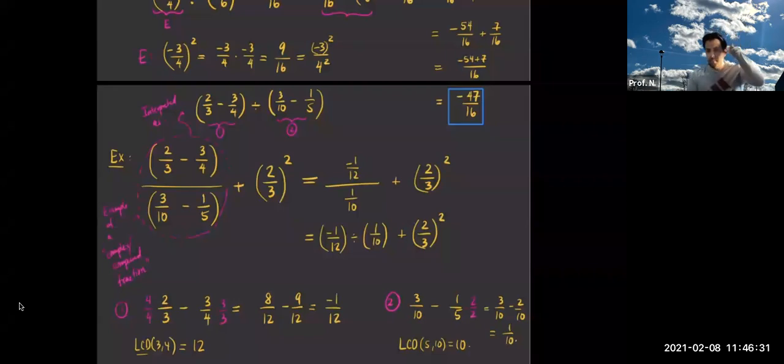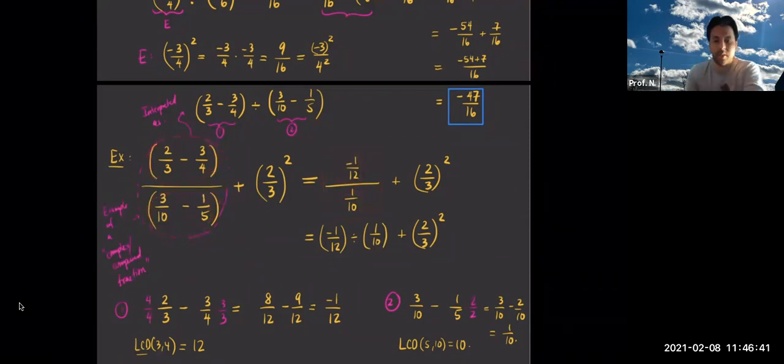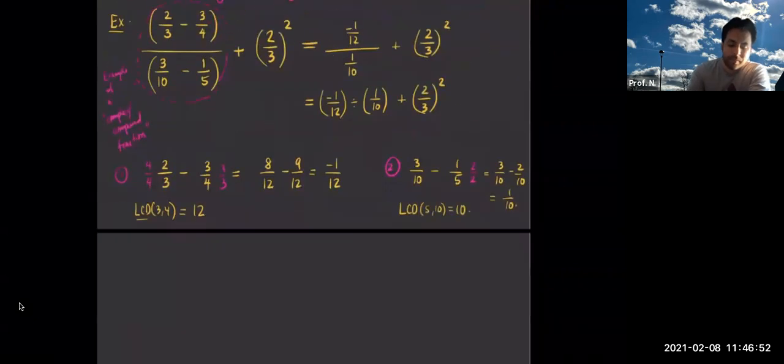Does everybody follow me? So all I did was replace this guy with negative 1/12. I replaced this guy with the 1/10, but I can interpret this division of fractions as one fraction being divided by the fraction below. But then in order to divide fractions, what must we do?